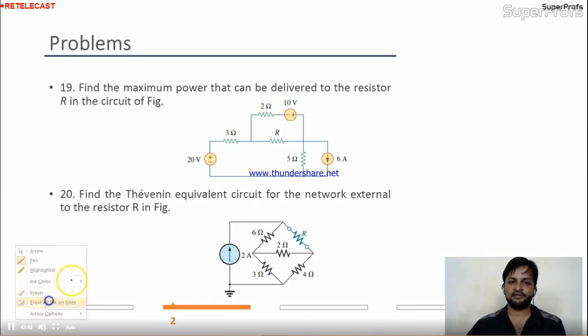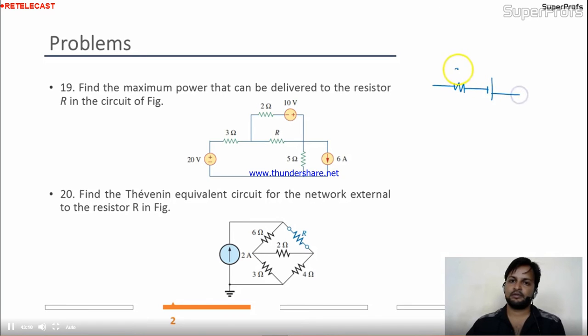So I'll reduce this branch. This is 2 ohm, 10 volt. This will be reduced, like the direction will be this side, that's why current will be in this way. 30 volt in series with 5 ohm.